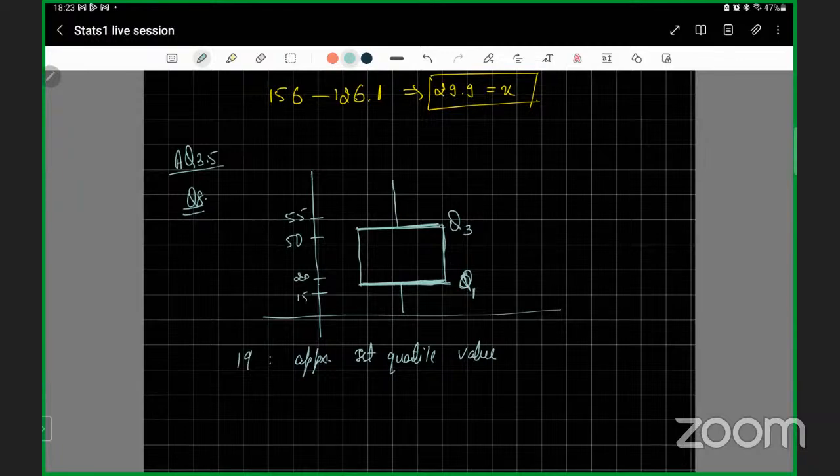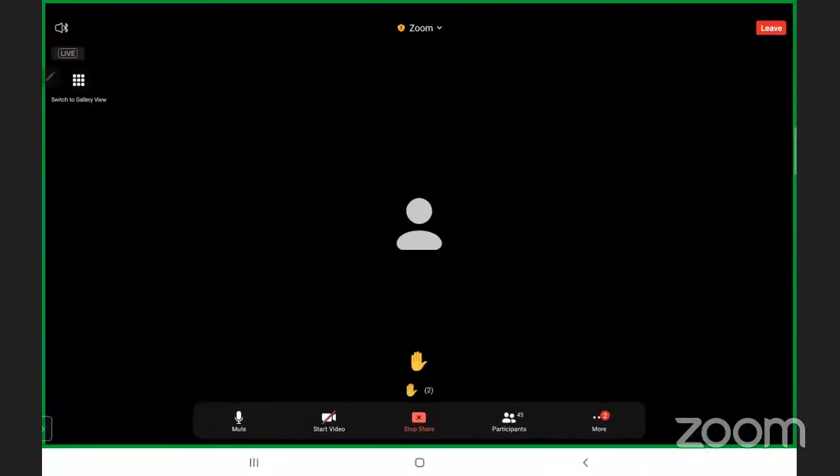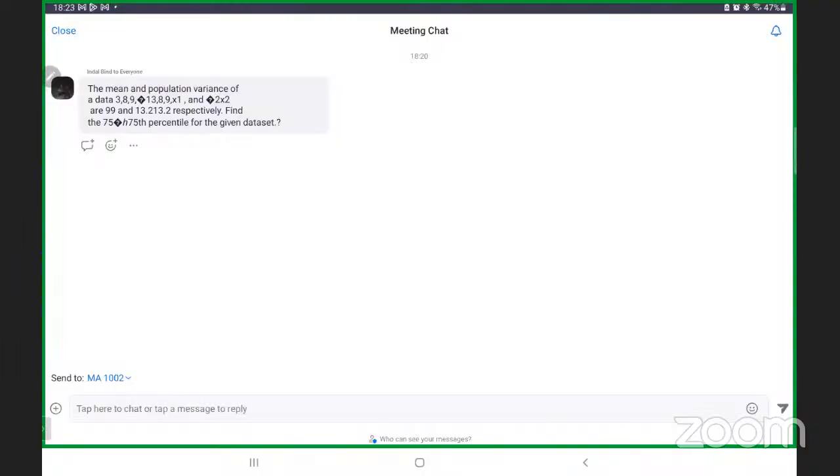Now let's go ahead and do this. So you have posted in the chat box the mean and population variance. Okay, this question I have seen.